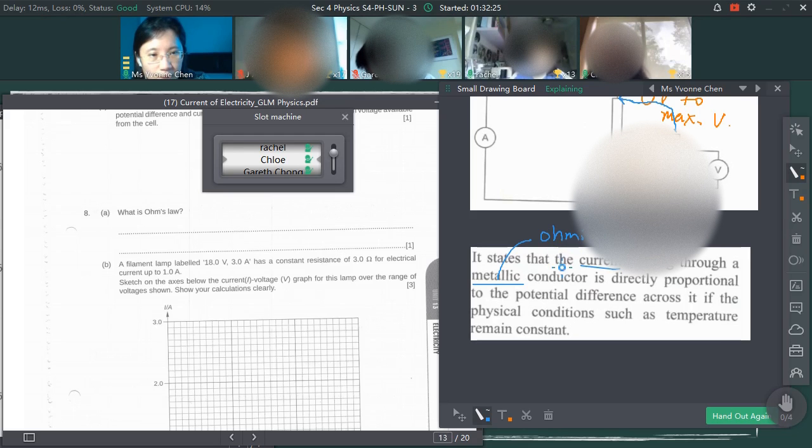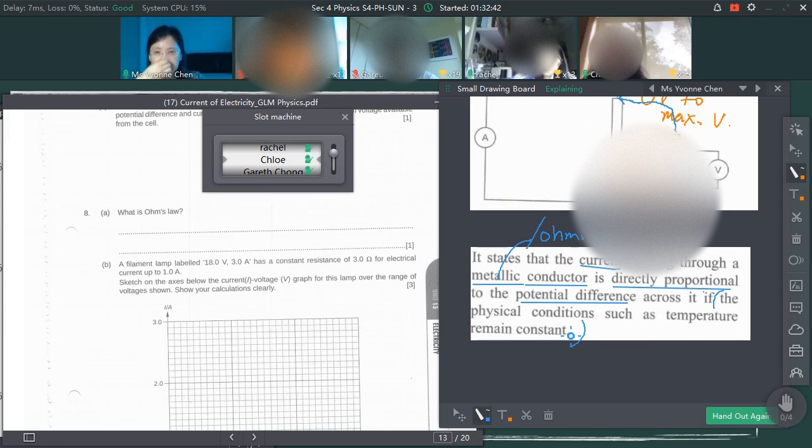Chloe mentioned ohmic conductor. We also accept metallic conductor. Directly proportional is a keyword, directly proportional to the potential difference across. And you have to say that the physical conditions such as temperature are constant. Most likely it's a 1 mark question.